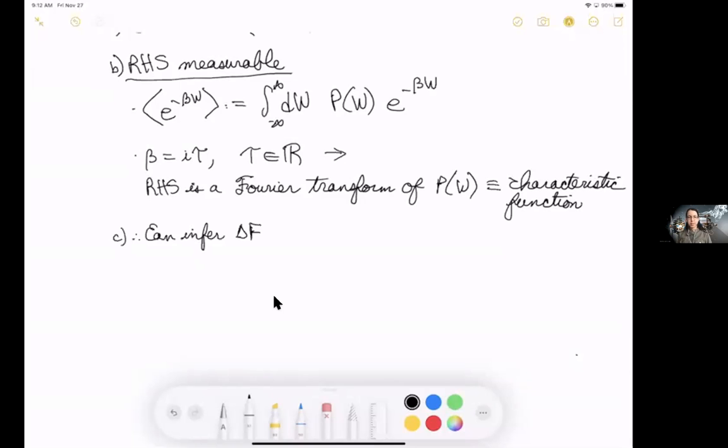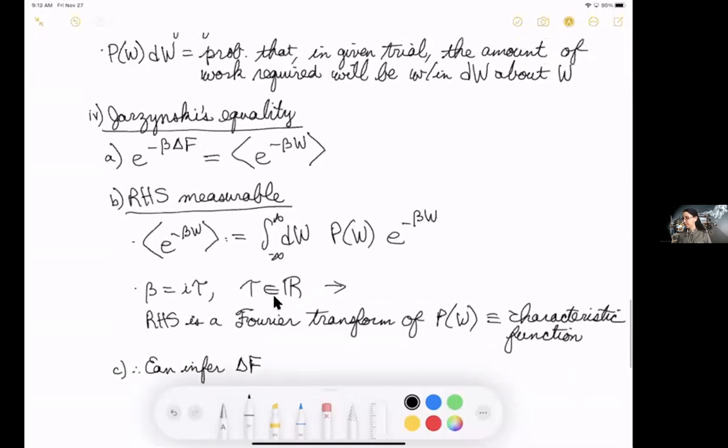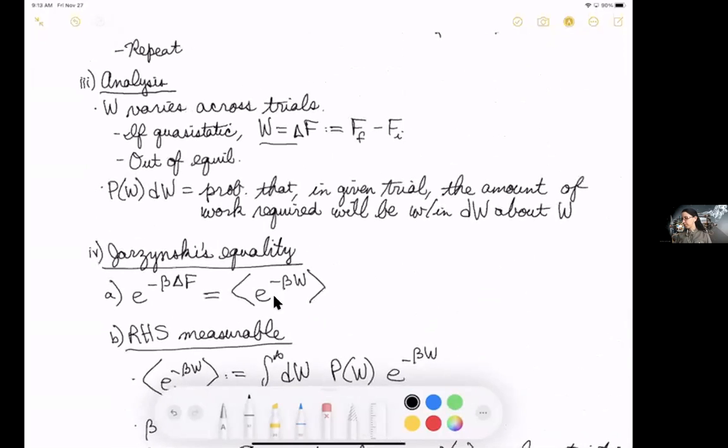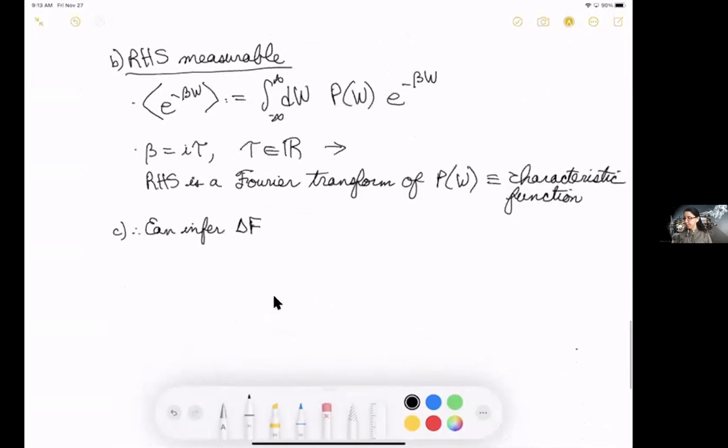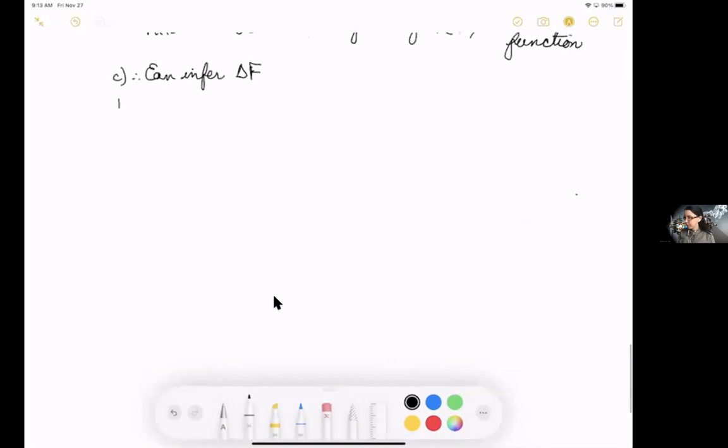We could infer delta F directly from just one trial if the pulling were quasi-static, because as we said before, the work would equal the free energy difference. But a quasi-static trial would take an infinite amount of time. Jarzynski's equality implies, as we said before, an implication of the second law of thermodynamics.